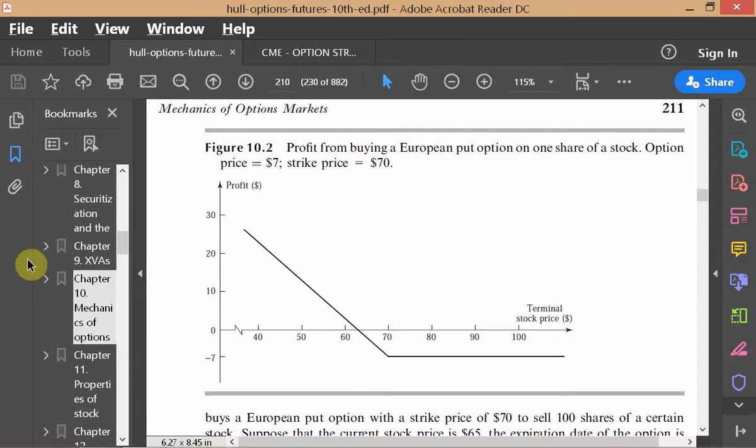So is this likely to be talking about a long option position or a short option position? You can see the graph. Yeah, short option position. Why?